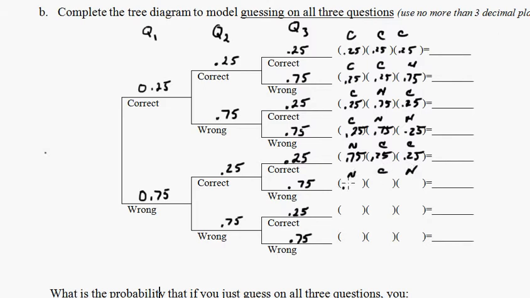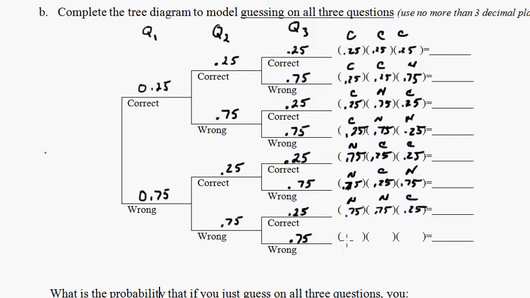So 0.75, 0.25, 0.75. And let's see, not correct. I should have used W for wrong. That would have been better. Not correct, not correct, correct. So 0.75, 0.75, 0.25.